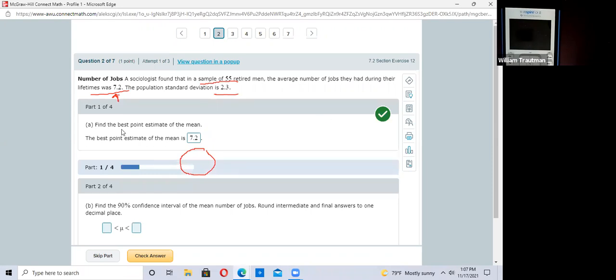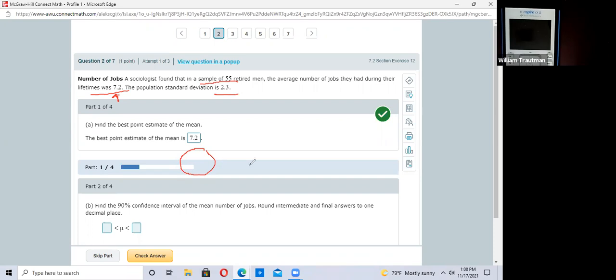So once again, I mentioned that last time. The best point estimate is normally the population mean, and the average number of jobs was 7.2. That is the best point estimate, which is the same thing as population mean. Now find the 90% confidence interval.